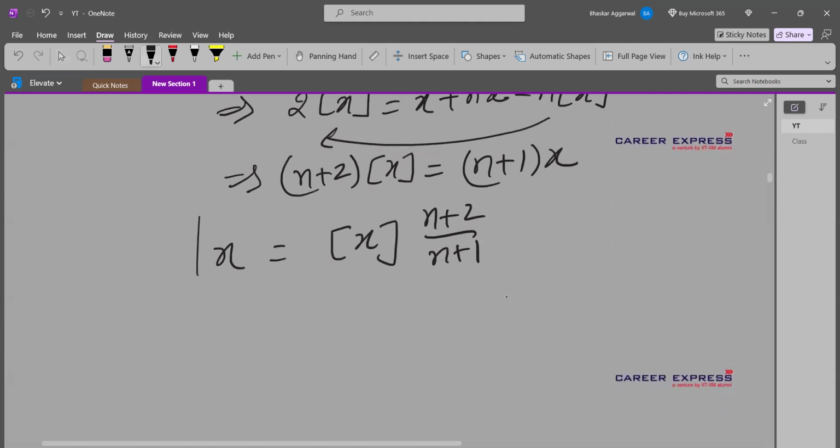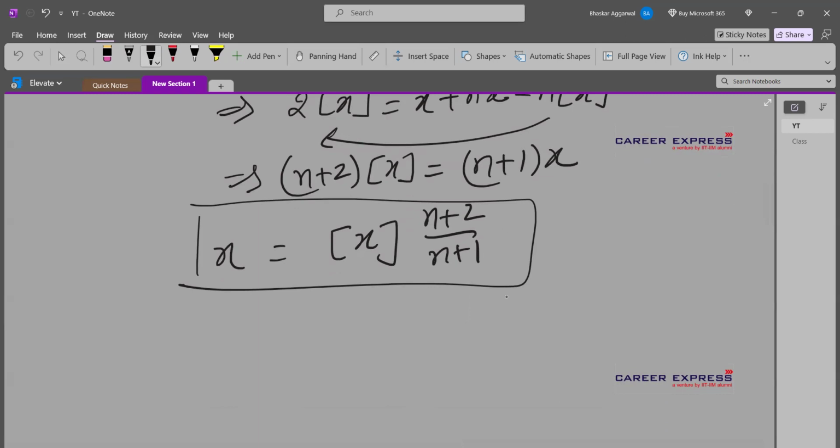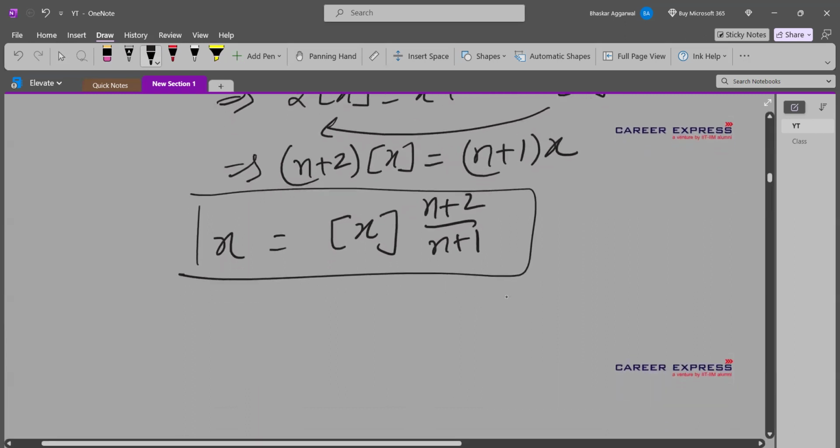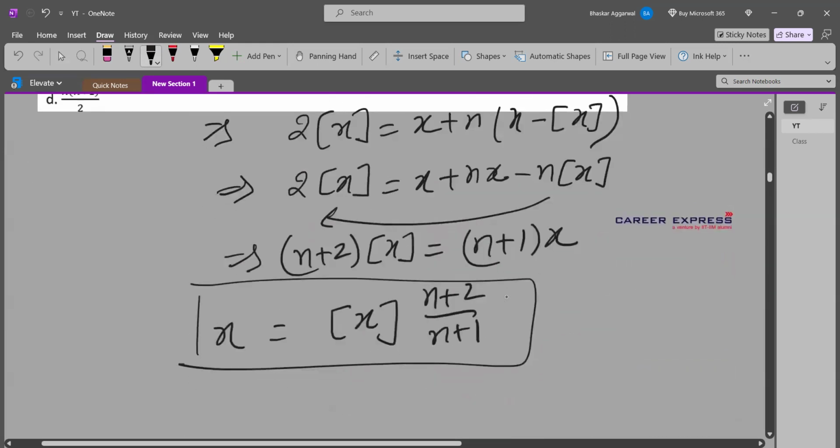So this is how x is. Now we need to find the values of x which satisfy this equation, and then we need to add all those values. Sum of all values of x that satisfy the given equation.